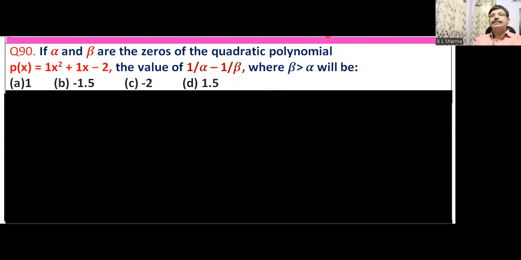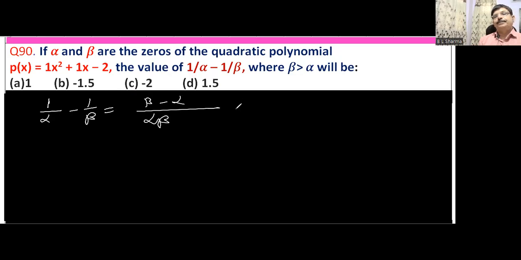Then the answer is, देखिए, we have already discussed that the difference of 1 upon alpha minus 1 upon beta, आप एलसीएम लीजिए अल्फा बीटा, that is beta minus alpha.